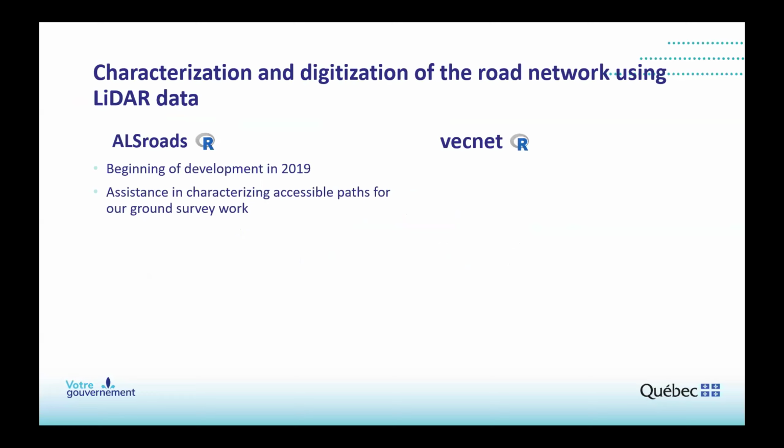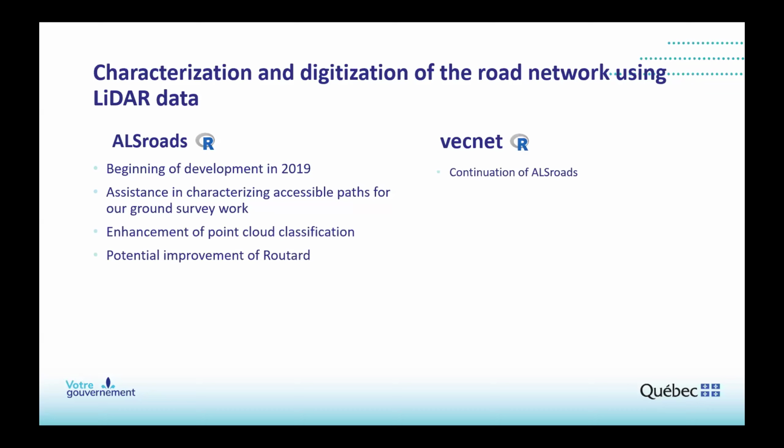The purpose is to give assistance in characterizing access paths for ground survey work. It helped us to enhance our point cloud classification. It is also a potential improvement for our Router. Router is our provincial network for all the roads that we have in Quebec.